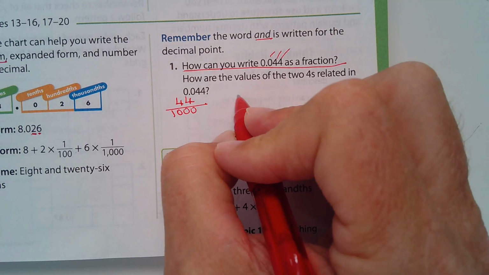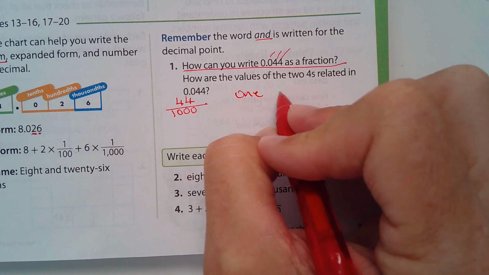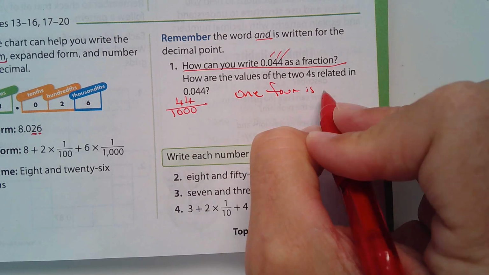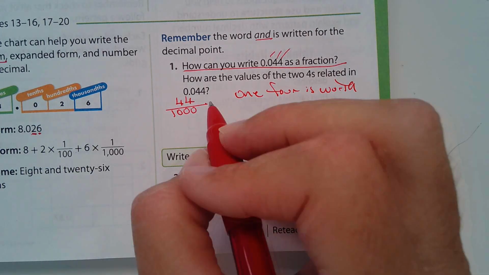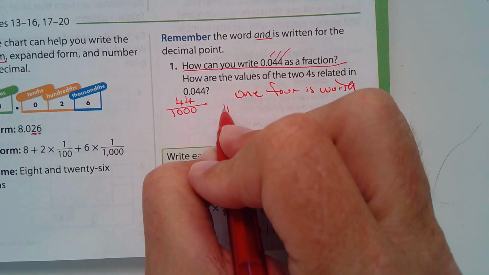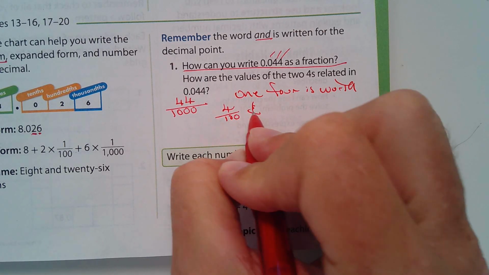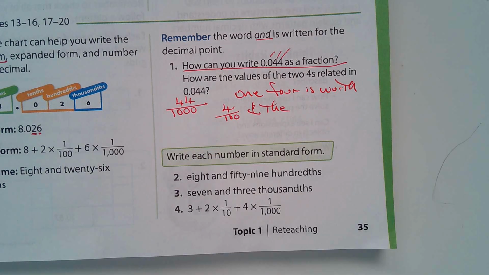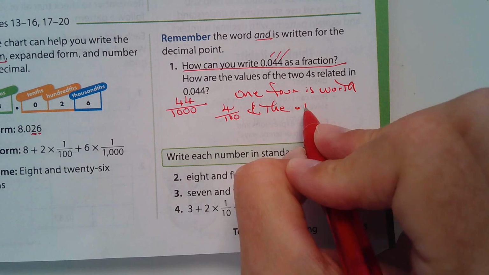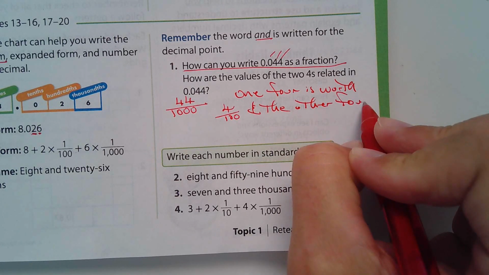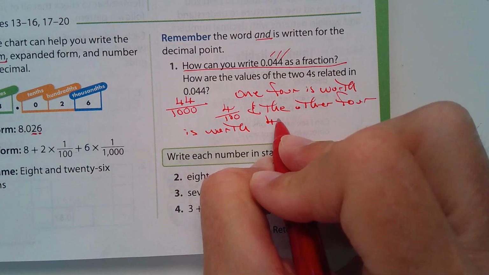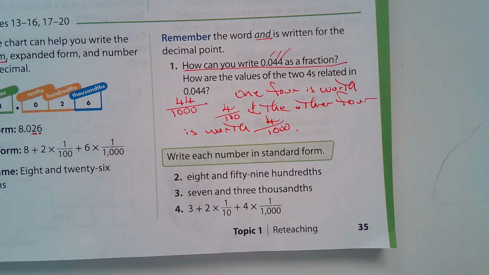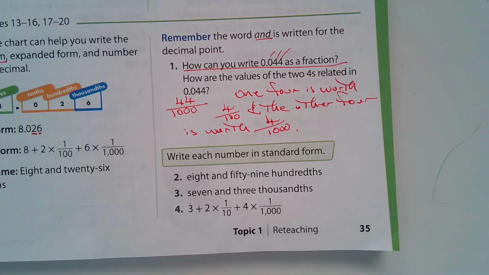Let's see, the 4 is worth 4 over 100, and the other 4 is worth 4 over 1,000. All right, a difference of 10.